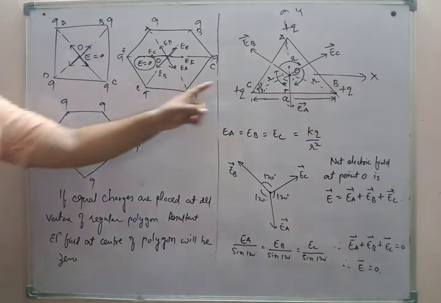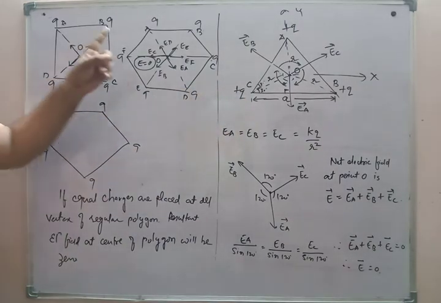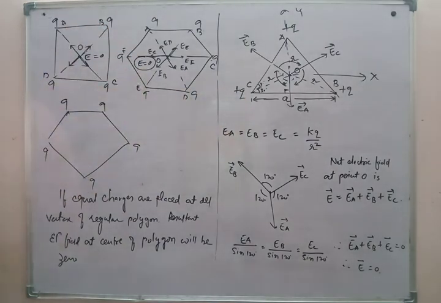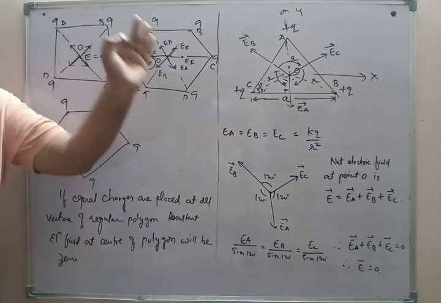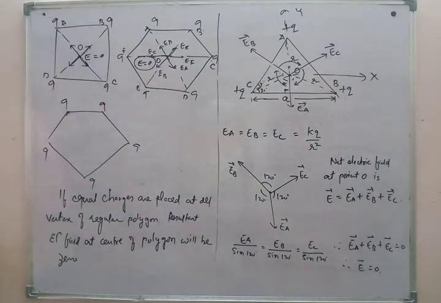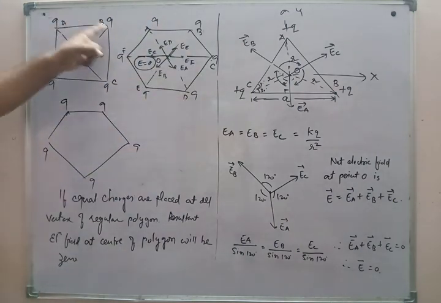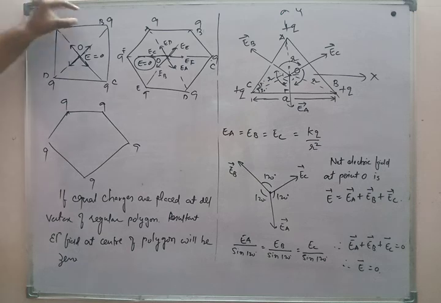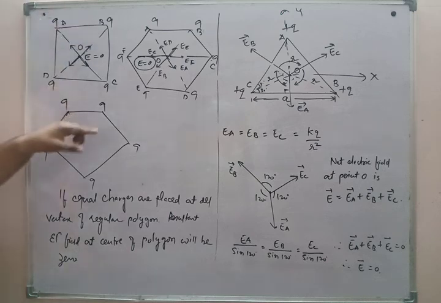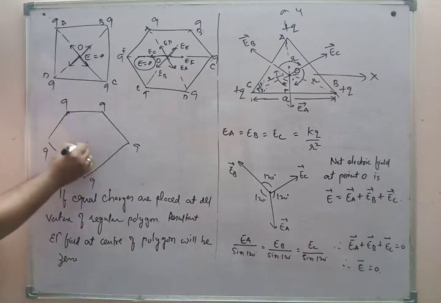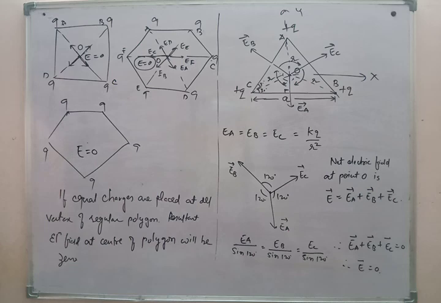Now getting this point, whether it is a triangle, square, pentagon, hexagon, octagon, any n-sided regular polygon, no matter the number of sides, if you are placing equal charges at all vertices of those regular polygons, the electric field at that center will always be 0. You have to remember this is a standard result.